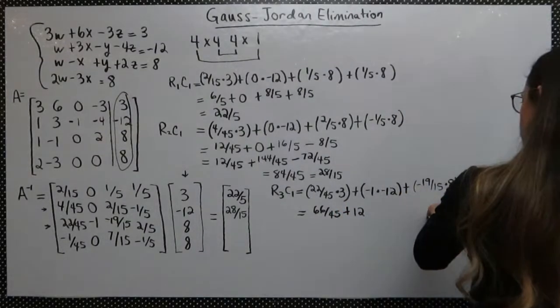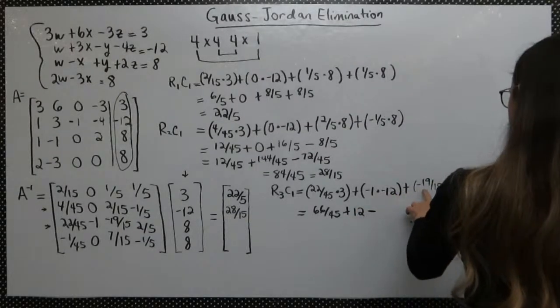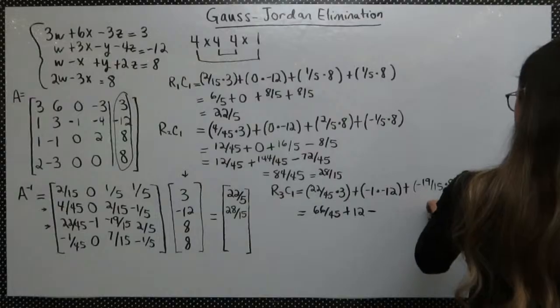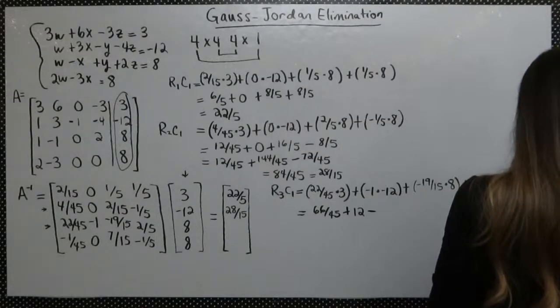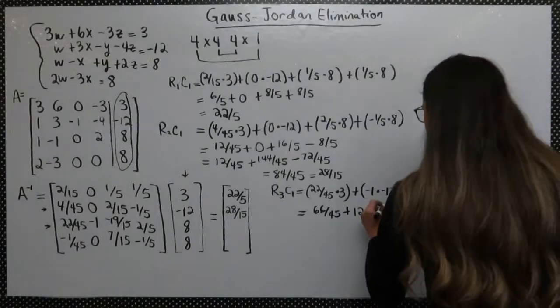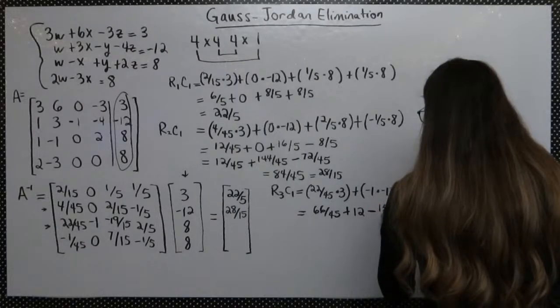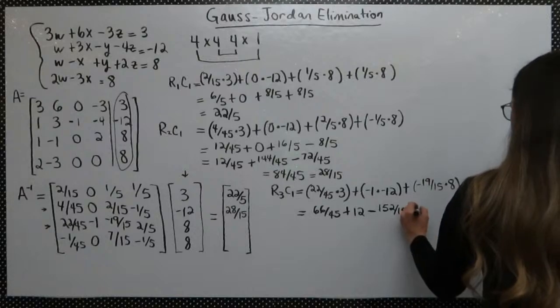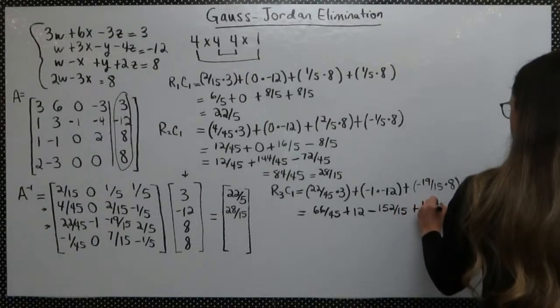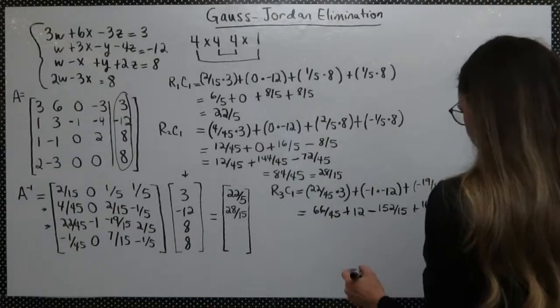It's a negative and a positive, so there's only one negative. It will always win. And then you've got 19 times 8 is 152 over 15 for this one. And then we've got plus 16 fifths. And I am going to have to get a common denominator of 45. So let's convert this real quick.